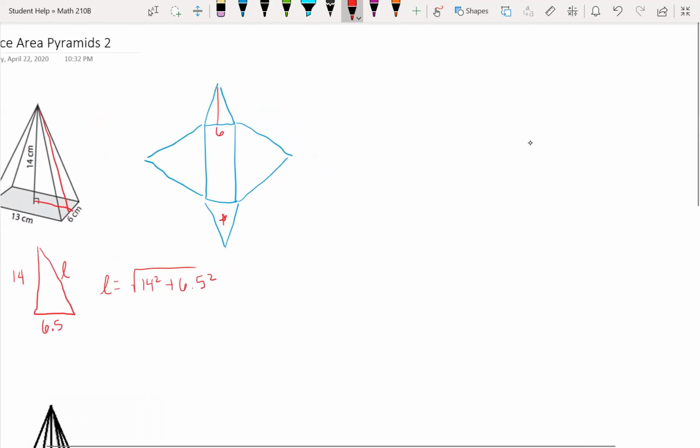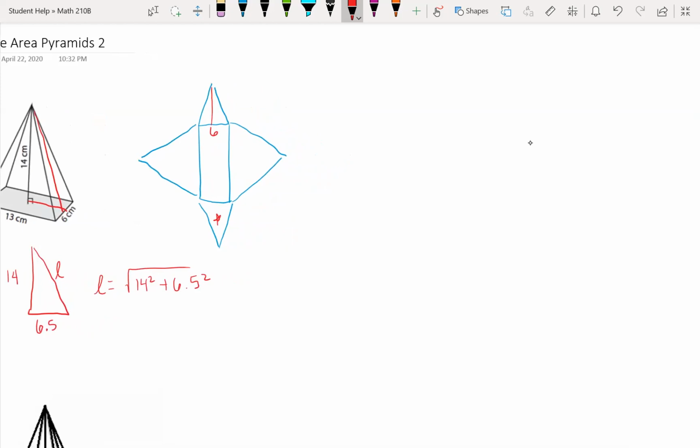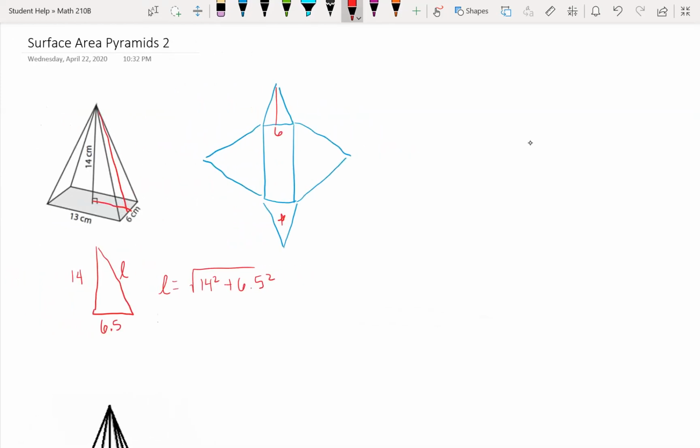Which is about 15.4. Okay. So these two small triangles are 15.4 for the height and 6 for the base.